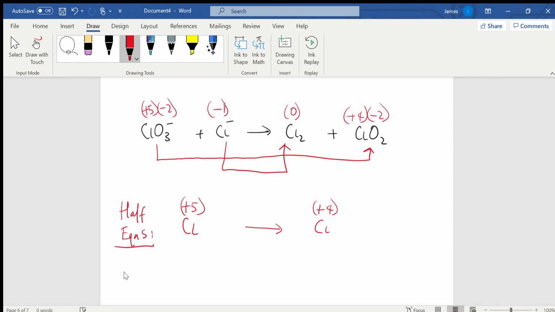That's, for example, from A, and then from B we have Cl in the -1 oxidation state, giving Cl2 in the 0 oxidation state. Again, I'm not worried about balancing, so don't worry about the fact that there's 2 Cl's here and only 1 Cl there. We're just looking at oxidation states in this video.